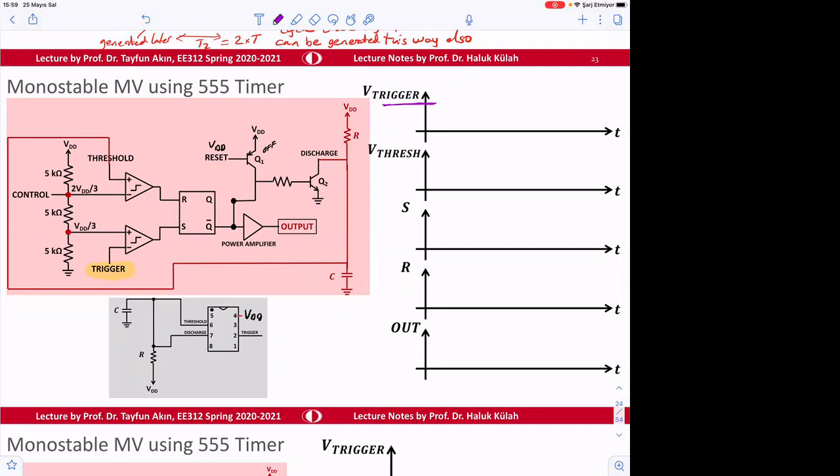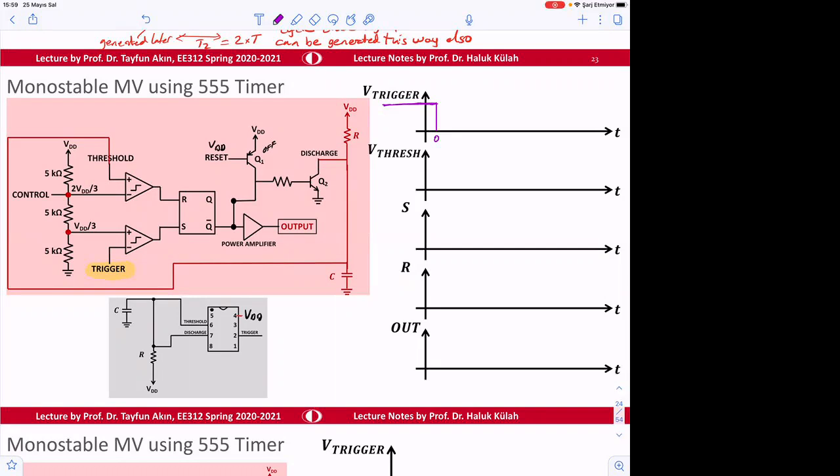So the triggering mechanism will start by putting this, let's say, to low. Okay, so when we do that, let's say this is t equal to 0, just for convenience.